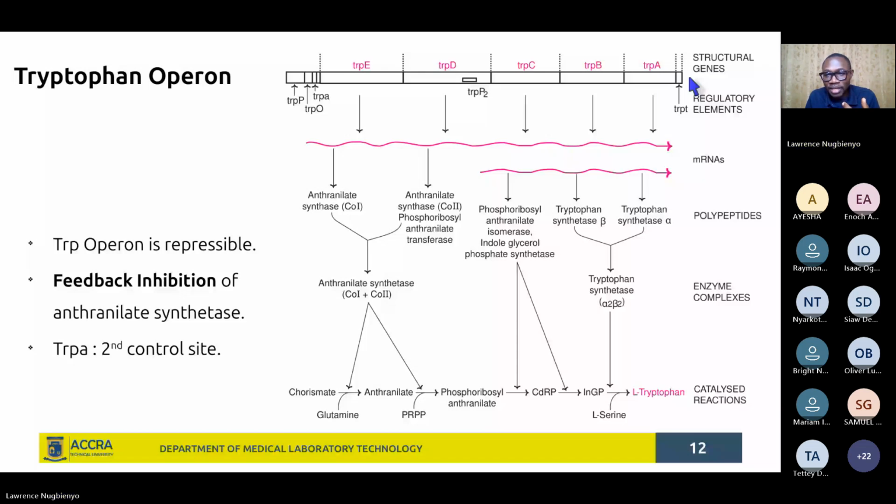One of them gets transcribed along the whole stretch of the genes. But it is only the D and the E region that are active in that messenger RNA. The second gets transcribed only from the A, B, and C regions, just those 3 regions.